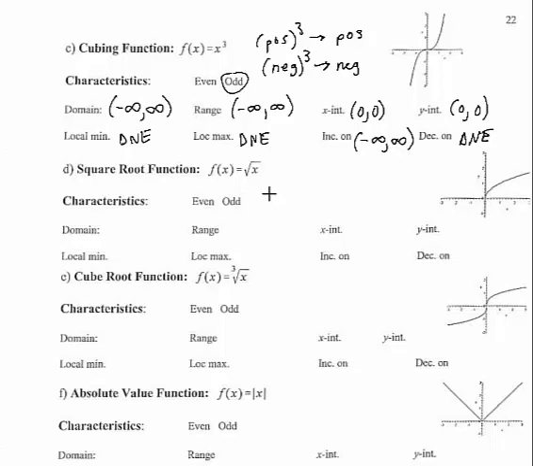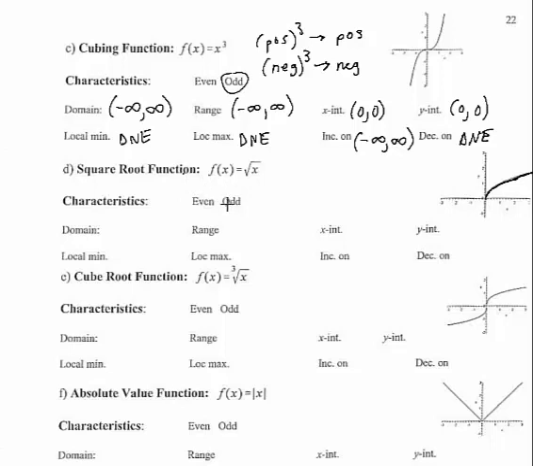What about our square root function? Well, here is a graph of it. It simply begins here at the origin, and it increases fairly rapidly in the beginning, and then it sort of looks like it starts to flatten out, but it doesn't actually flatten out. It increases indefinitely.